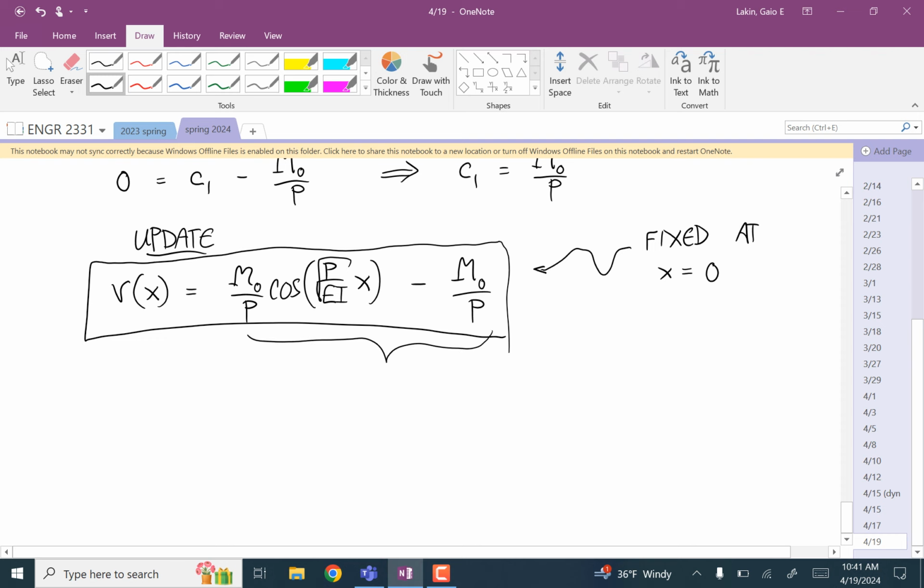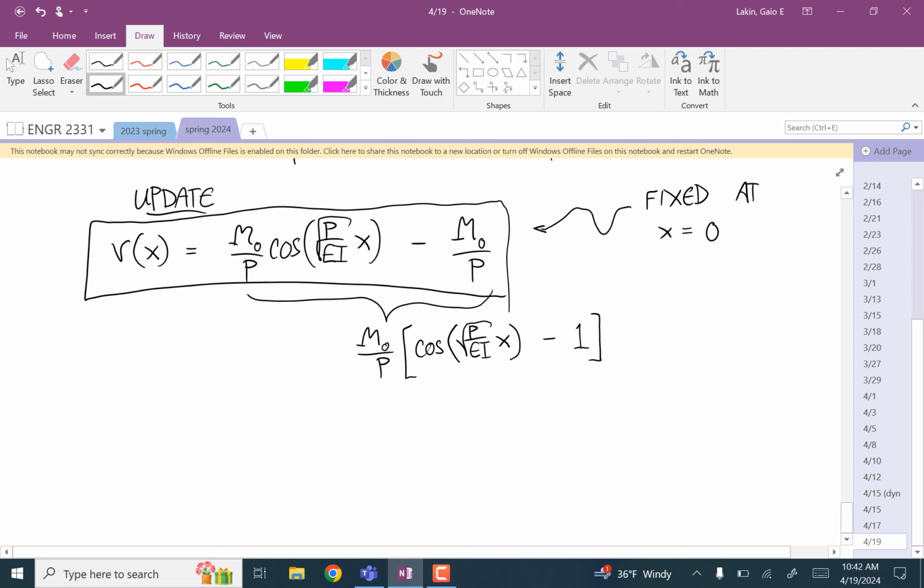I like the looks of it this way better, because now you sort of go like, oh, okay, that cosine can be equal to 1 at certain spots, you know, and that's what we're going to end up looking for.